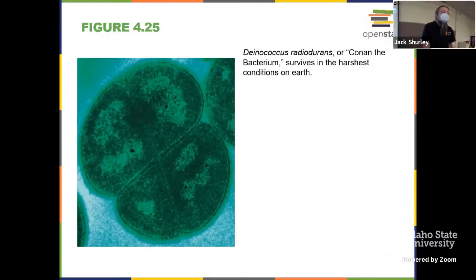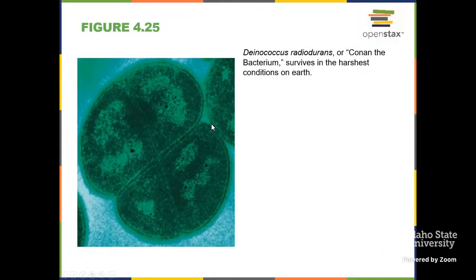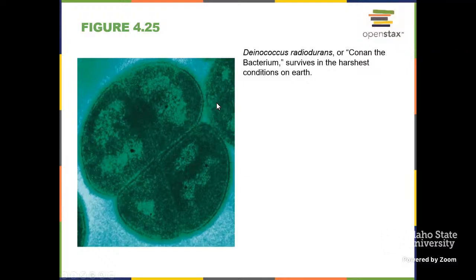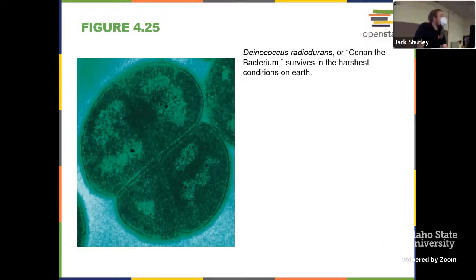There are all sorts of instances when we think about things like radiation resistance or the potential for communication, to tell one cell or another that there is a bad situation happening here, and these organisms have the potential to let them know about circumstances that maybe aren't so good for them.